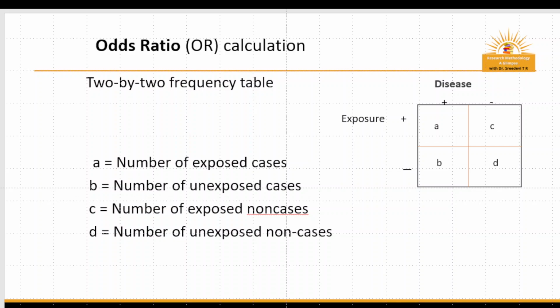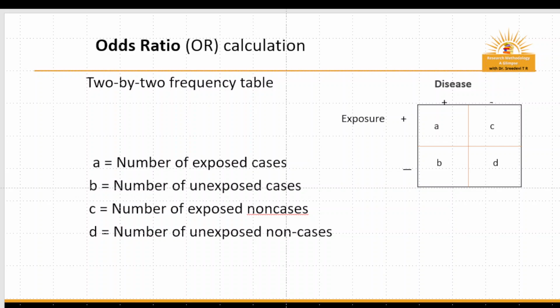A is number of exposed cases. B is number of unexposed cases. C is number of exposed non-cases. And D is number of unexposed non-cases.